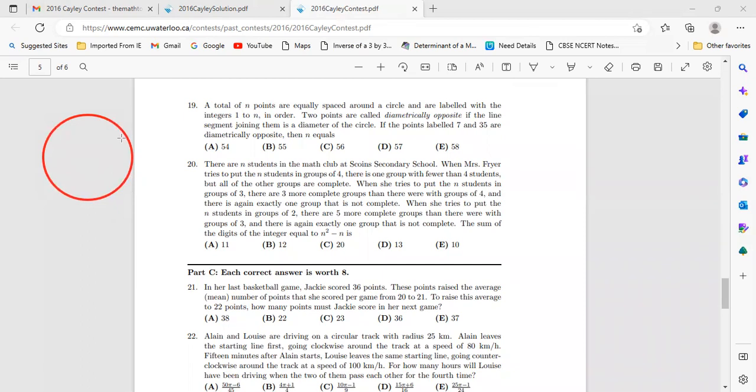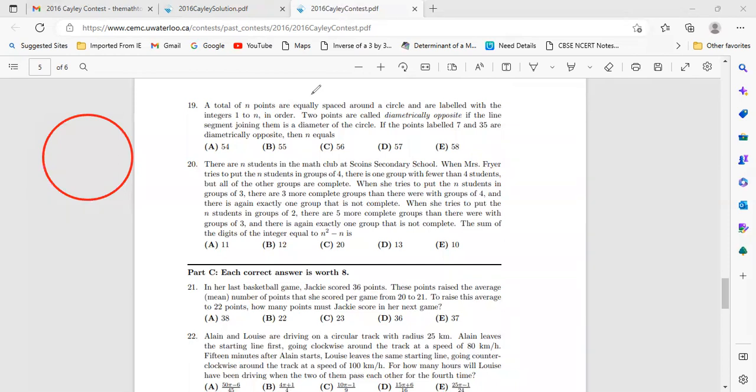They also said it is equally spaced around the circle. If we could imagine an example, you can imagine the clock, right? The clock is in a circle shape. It is also equally spaced, right?